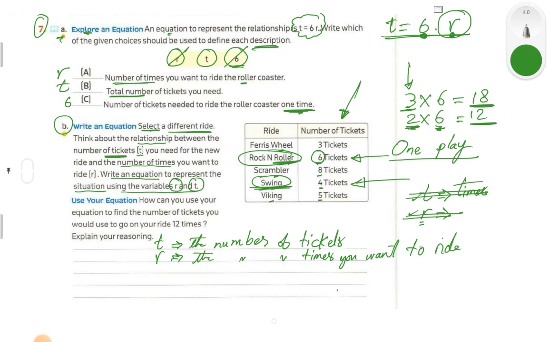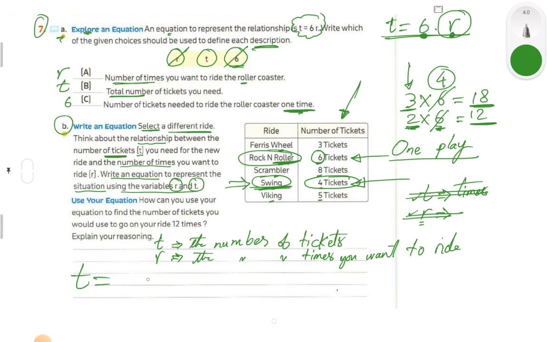Okay. Now, but about the swing game, one time needs 4 tickets, not 6. So 6 will be 4. Now the same equation will be t. T is the number of tickets you need, right? Equal what?